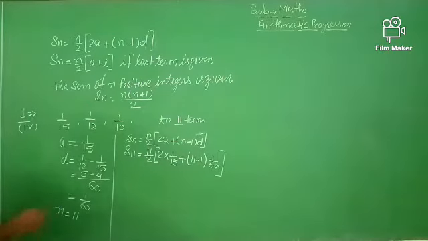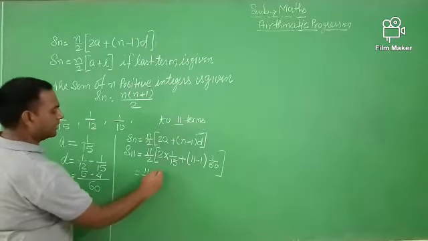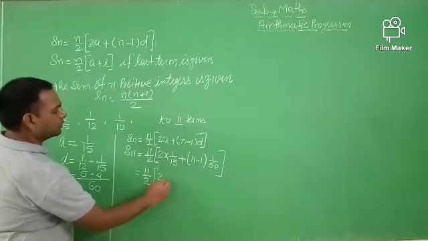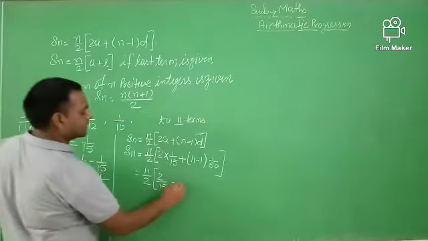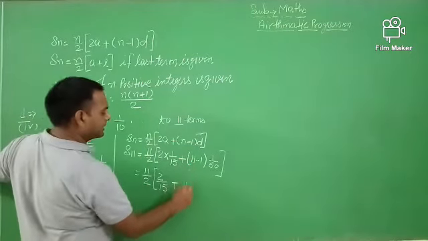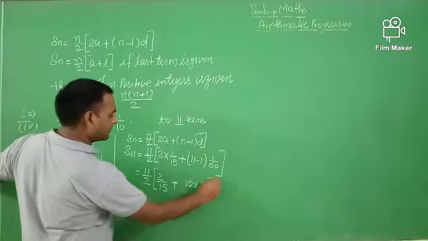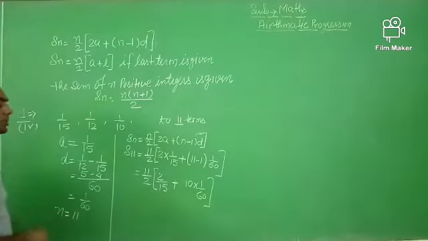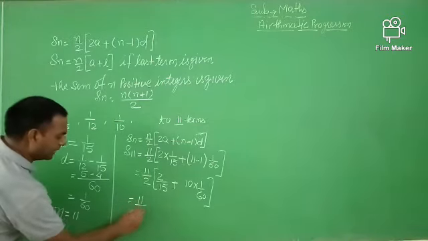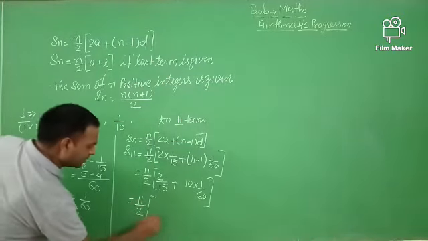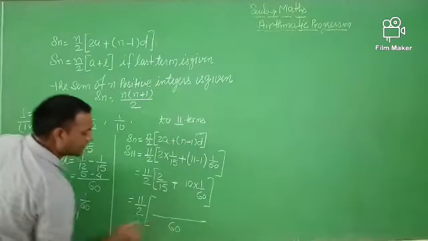So this is equal to 11 by 2 [2 upon 15, because 2 ones are 2, plus 11 minus 1, it is 10 into 1 by 60]. So if you take the LCM, then this is equal to 11 by 2. The LCM of 15 and 60 is 60.